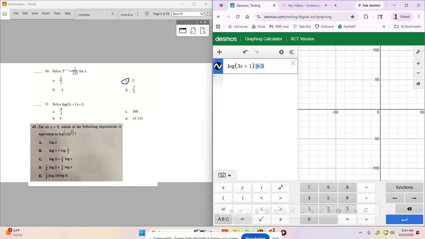Let's do this instead. I'm not immediately seeing it. What I want to do is put the number of my choices in there, so I'm going to do 4/3. Let's do times 4/3.